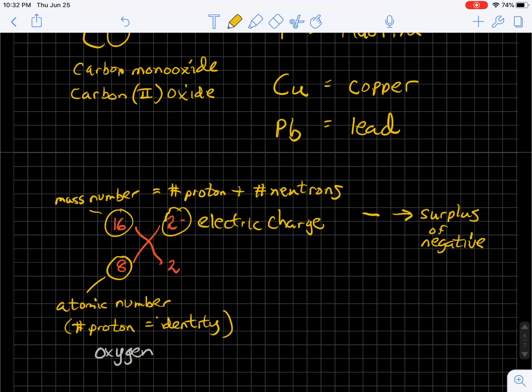All atoms have negative charge. They have a positive nucleus. They are surrounded by negative electrons. So this idea of something being positive or negative, I mean, all of them have a positive and negative. So if we say that something has a 2- charge, that means it has a surplus of electrons. And if it has a positive charge, then that means there is a deficiency of electrons.